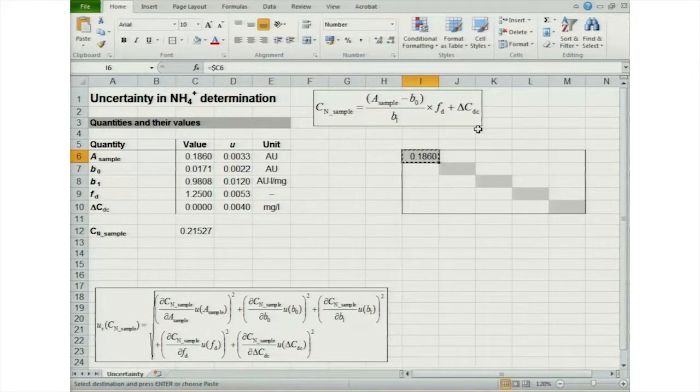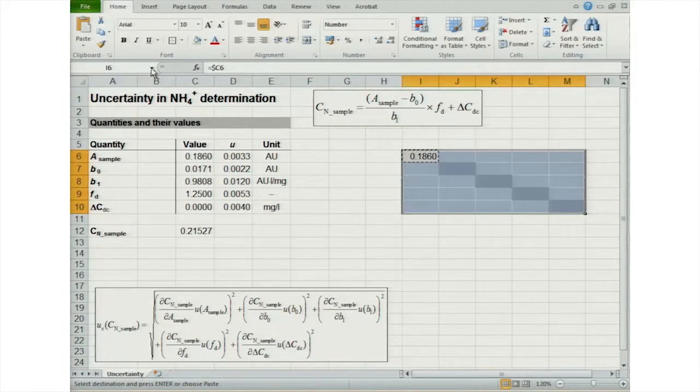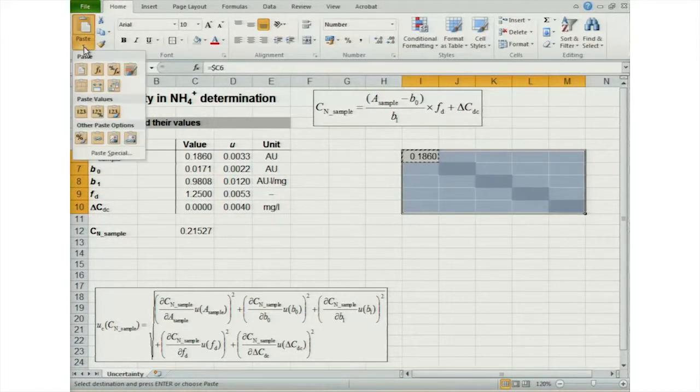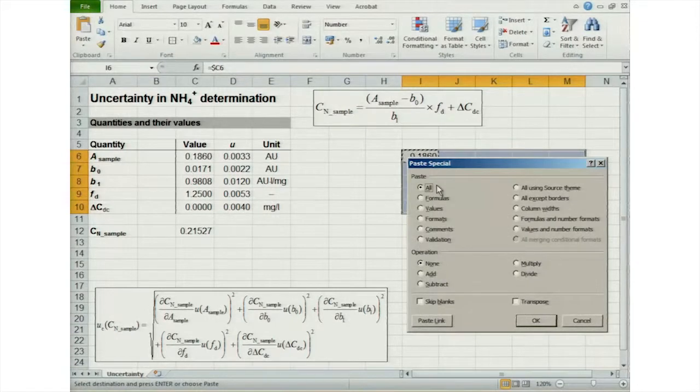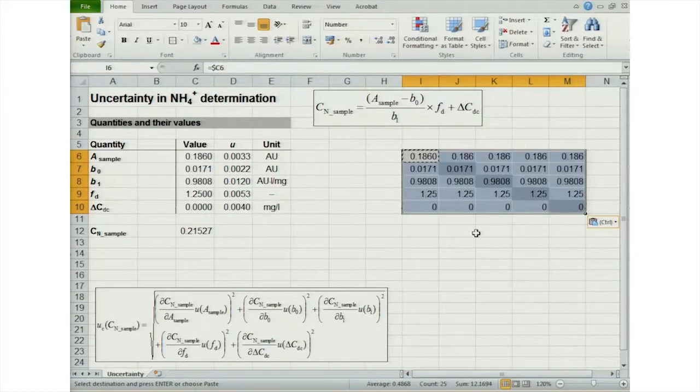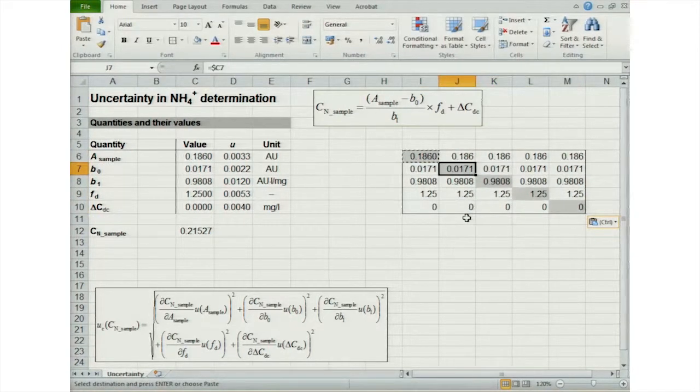Now we copy this into all these cells, but for pasting we use the so-called paste special, meaning that we only paste formulas but not formats. This way we can preserve these diagonal elements and also the borders.